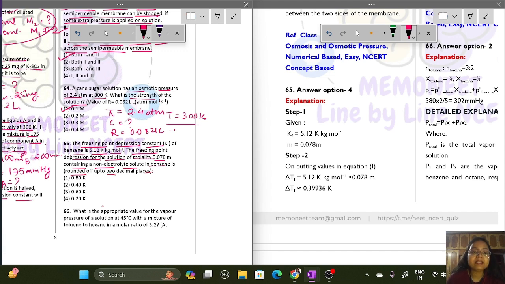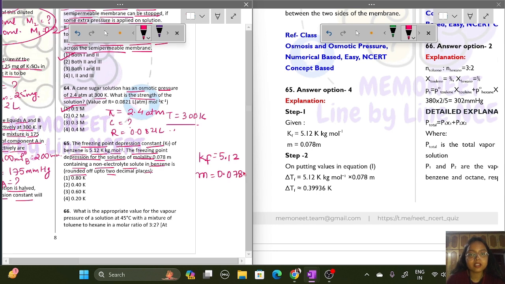Which means the freezing point depression constant of benzene Kf is given as 5.12 and the molality is given as 0.078 molar. We have to find out the freezing point depression.